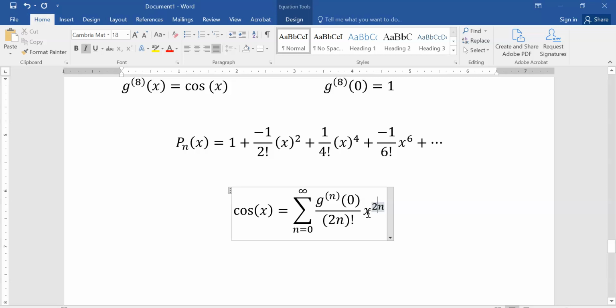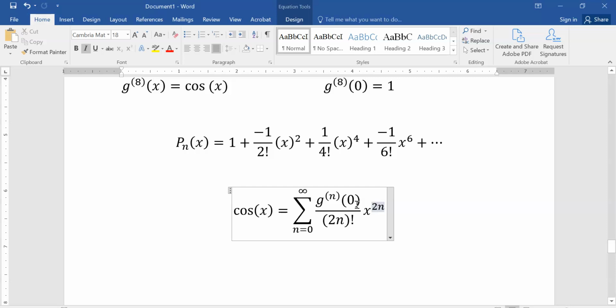Again, x squared and then 2 factorial. That matches. When I plug in the number 2, I end up with x to the 4th, and this is 4 factorial. That's what I got here. When I plug in the number 3, I end up with x to the 6th, and this is 6 factorial. And so this basically gives me all of the even powers of x.